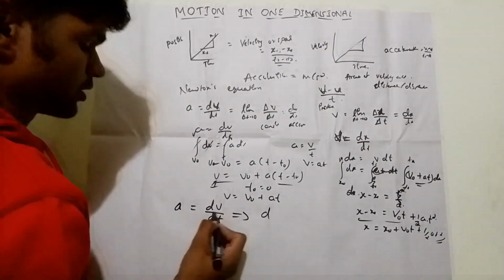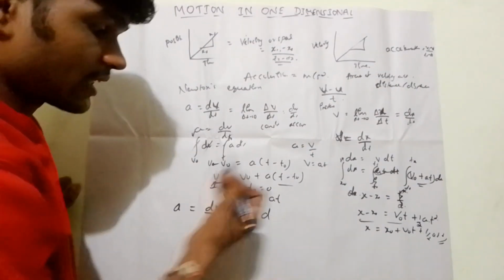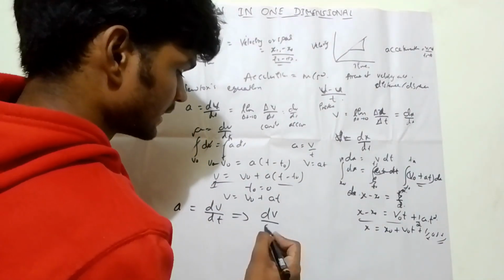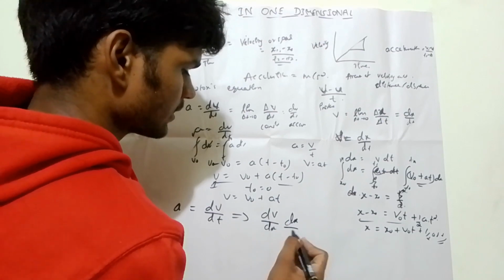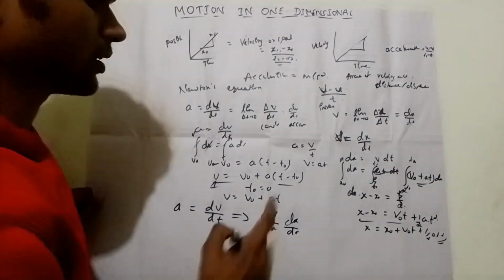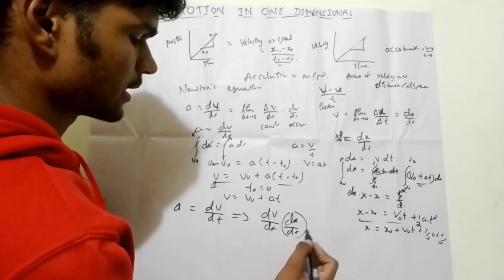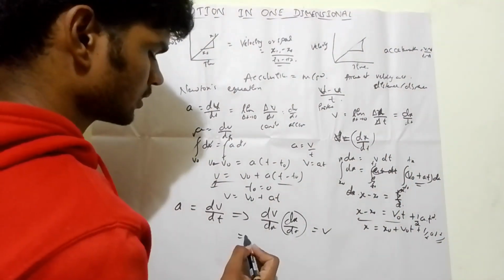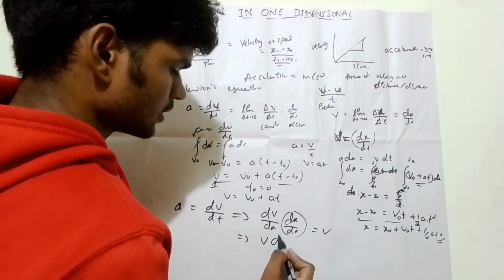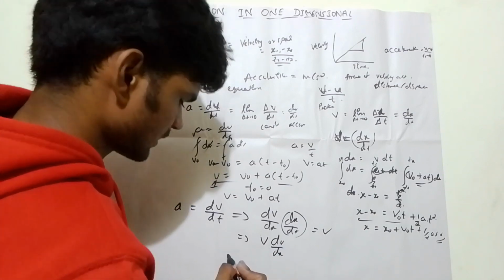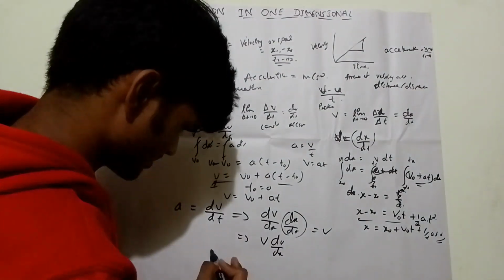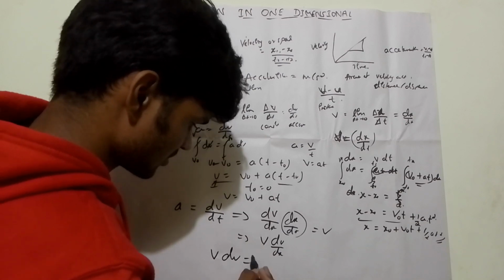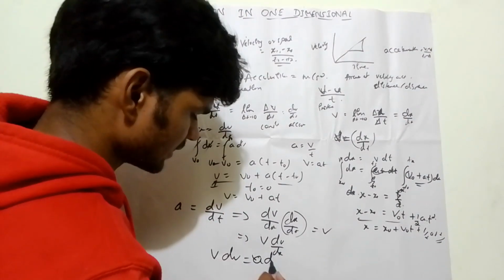Next, from a is equal to dv by dt, we can write this as dv by dx times dx by dt. Then dx by dt is equal to v from the instantaneous formula. So a is equal to v dv by dx. You can write this as v dv is equal to a dx.